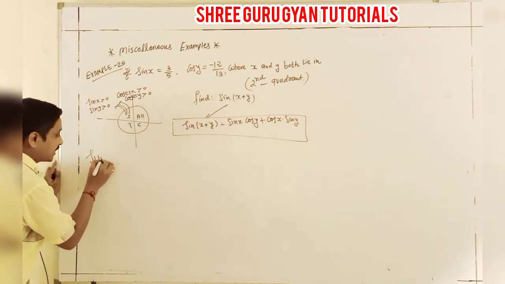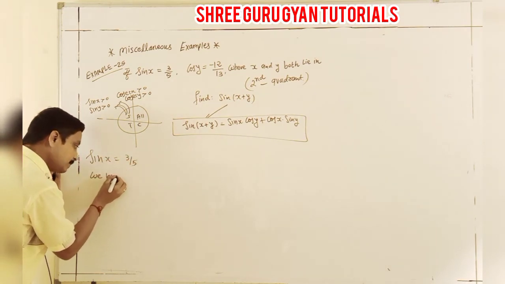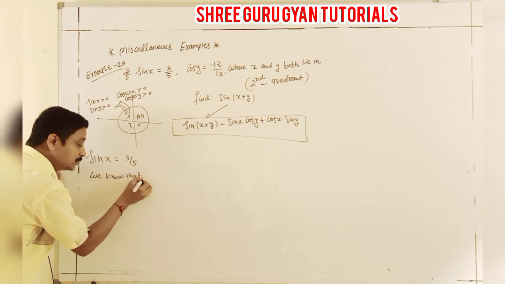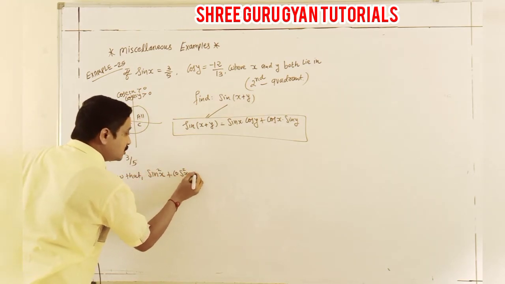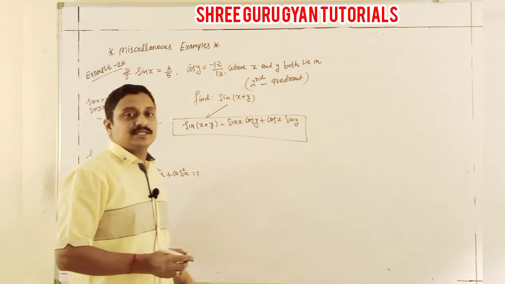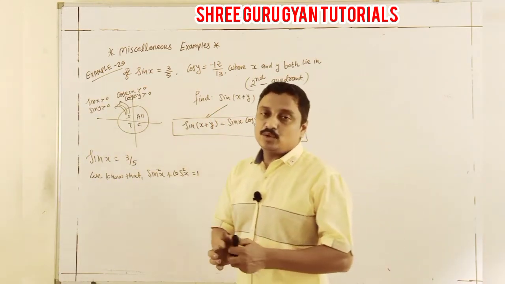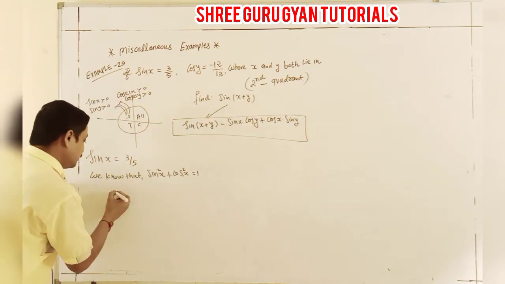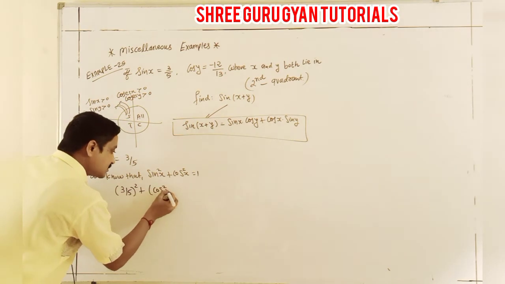Now for sin x we have 3 by 5. What do we know? Sin square x plus cos square x is equal to 1. And that value, students, I just apply in this part. So you get the cos x value: (3 by 5) square plus cos square x.